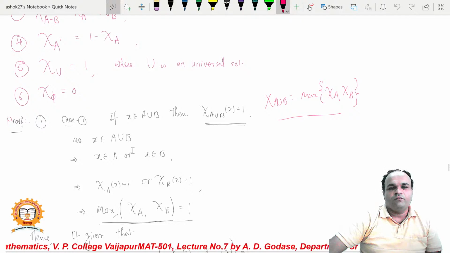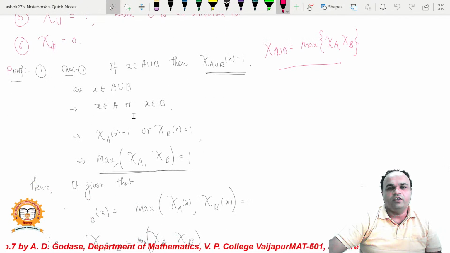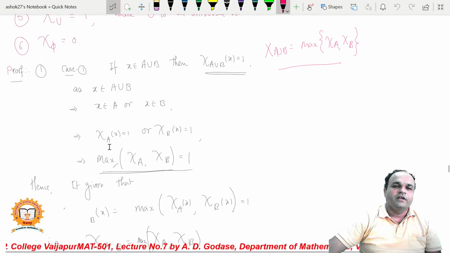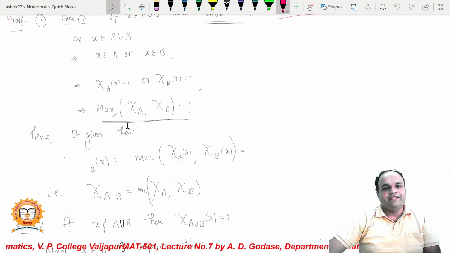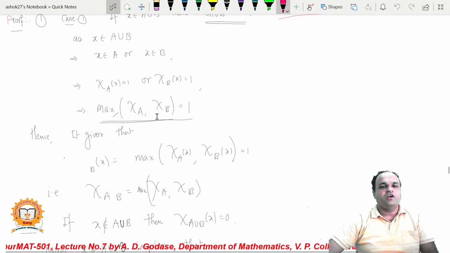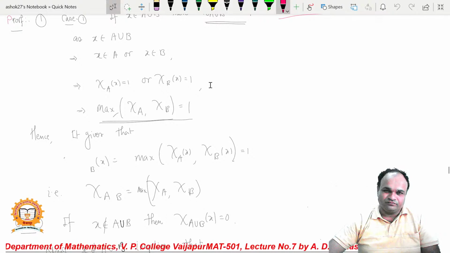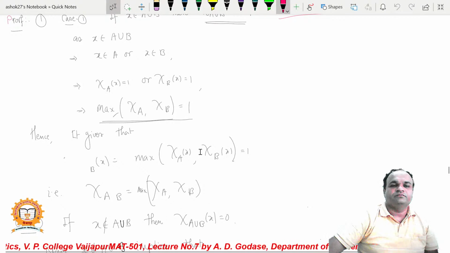As x is an element of A union B, that implies x is either an element of A or an element of B. So chi A of x equals 1 or chi B of x equals 1. So one of them is 1, and surely their maximum will be 1.